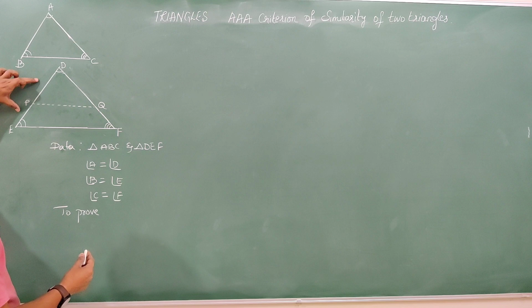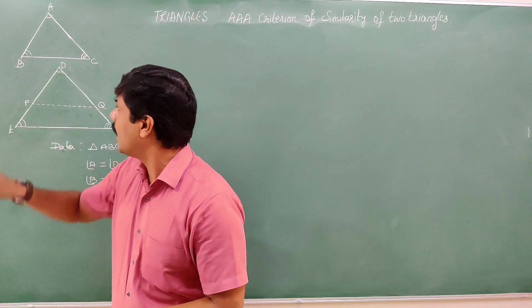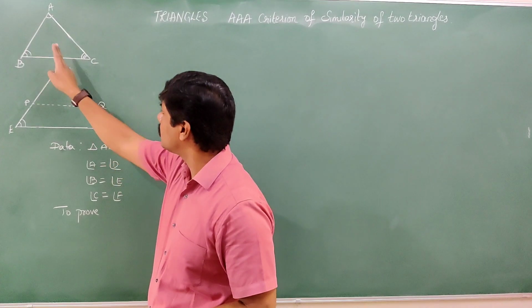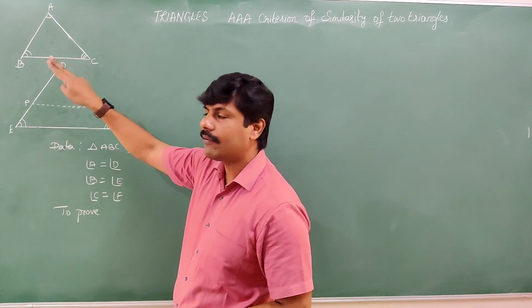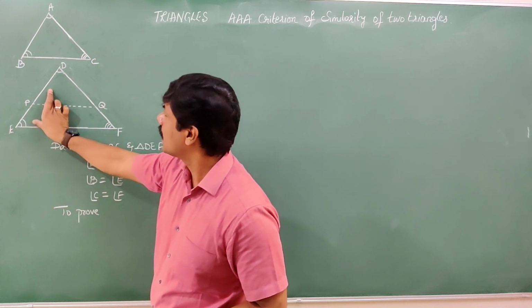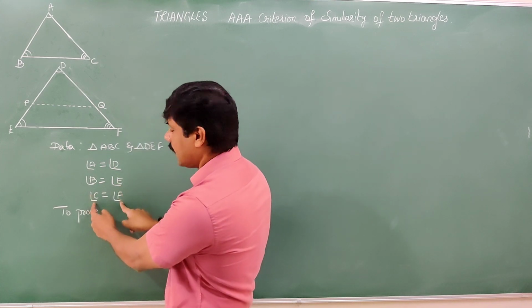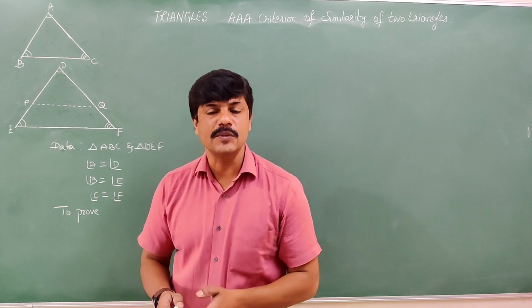AB and DE are the corresponding sides because these are the sides opposite to equal angles. For example, you can see that AB and DE are opposite to C and F, which are equal. Therefore, they are called corresponding sides.